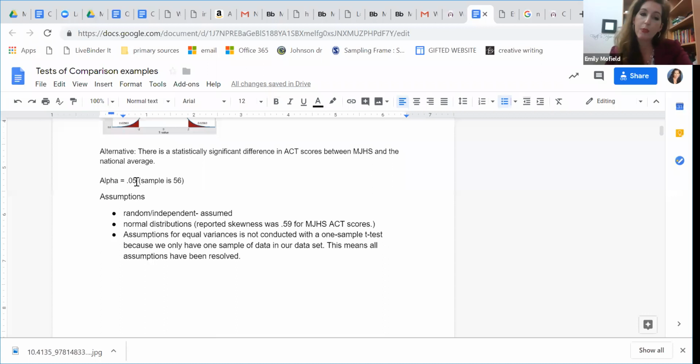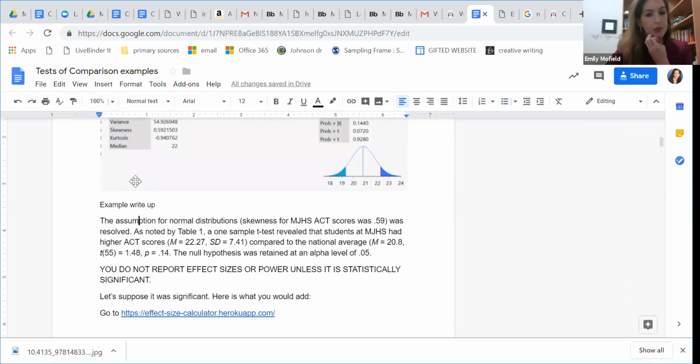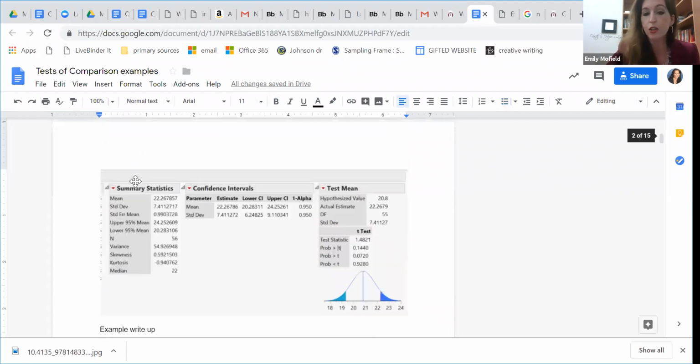I don't have to worry about the assumption of equal variances because it's a one sample t-test and there's only one sample to look at, so there's no way to compare variances. So I can just go on and conduct my t-test, and there's another video showing you how to do that on JMP. But you'll have something churn out that looks like this.